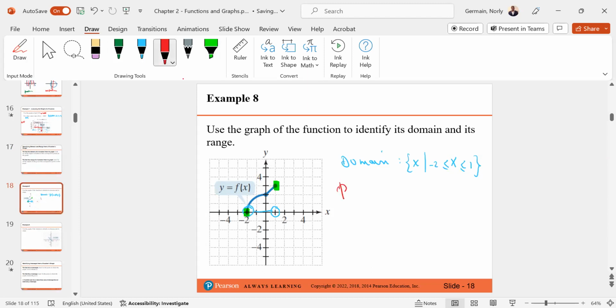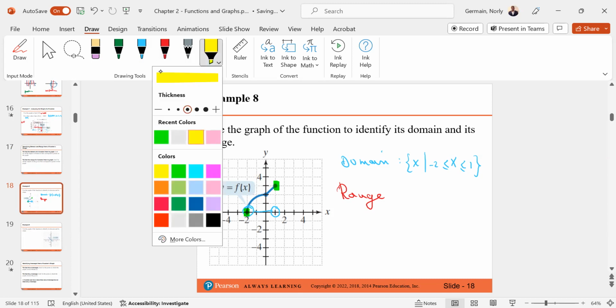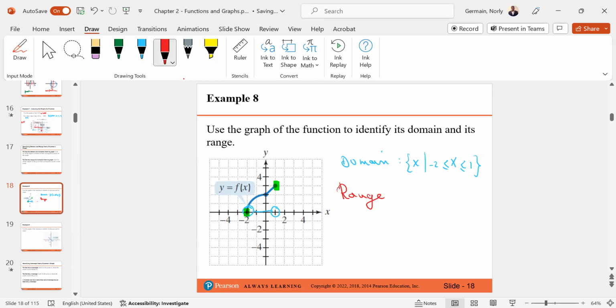Now look at the range. We said look for the outputs on the y-axis that correspond to the points on the graph. If you look at this one, you see y starts here and the graph goes all the way to here.